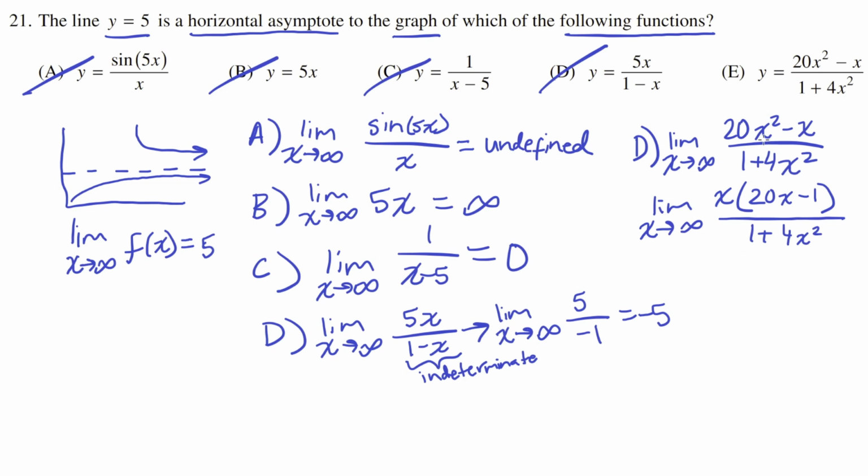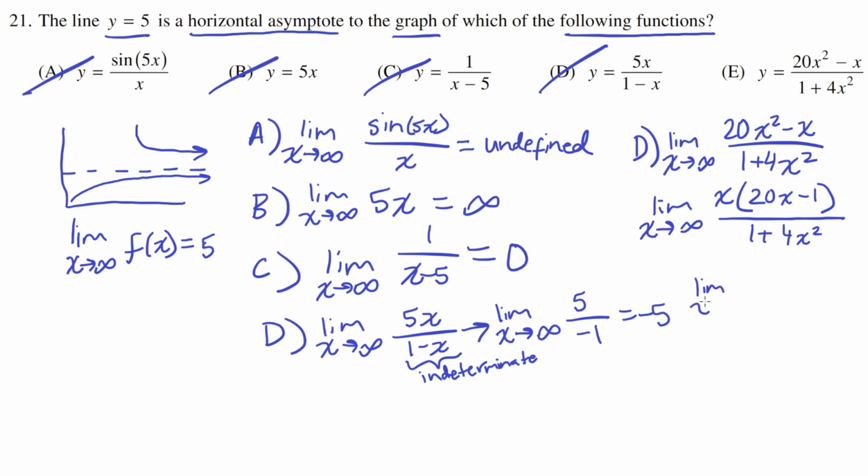Again, if we plug in infinity, we'll have an indeterminate form because we're going to have infinity over infinity. These functions both grow without bound. So let's apply L'Hopital's rule and take the derivative of the numerator and denominator.